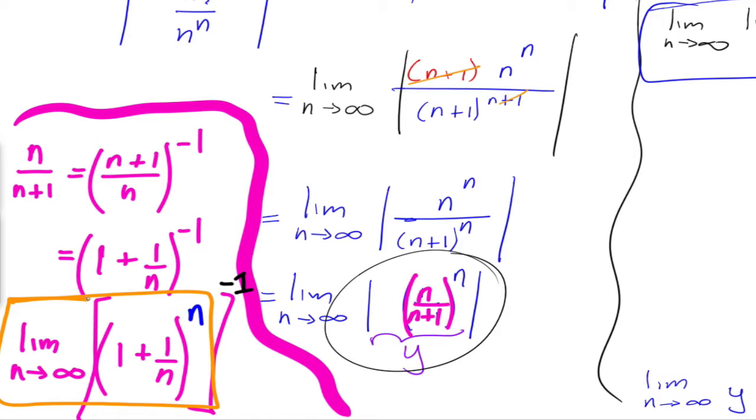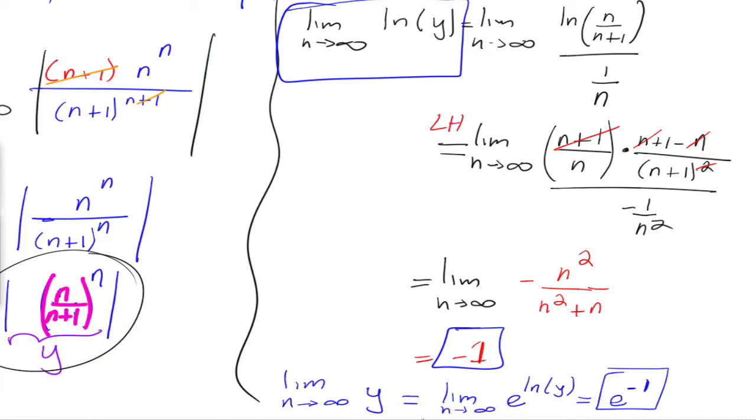That's the definition of e right there. That's equal to e, the limit as n goes to infinity of 1 plus 1 over n raised to the n. That's equal to the number e. So then that's just equal to e to the negative 1, which is exactly what we got when we did all of that.